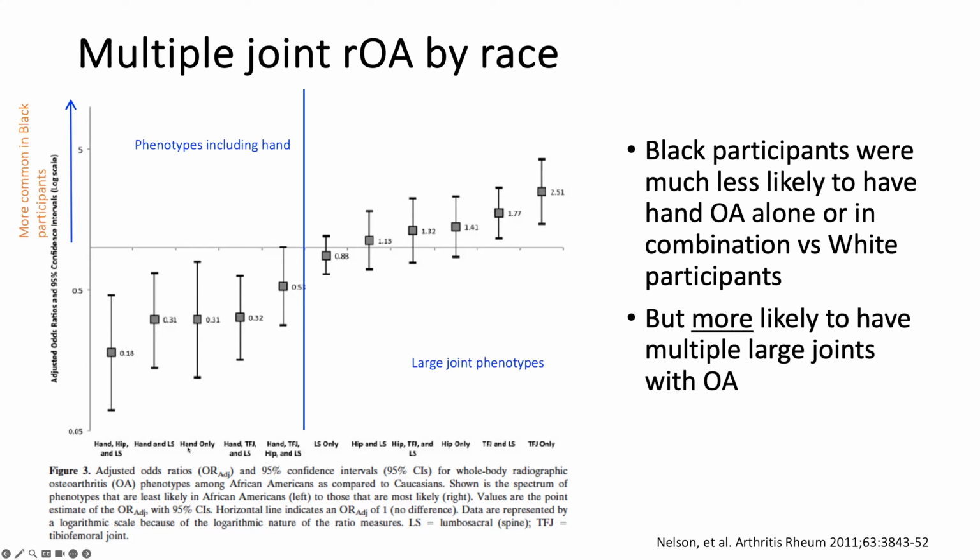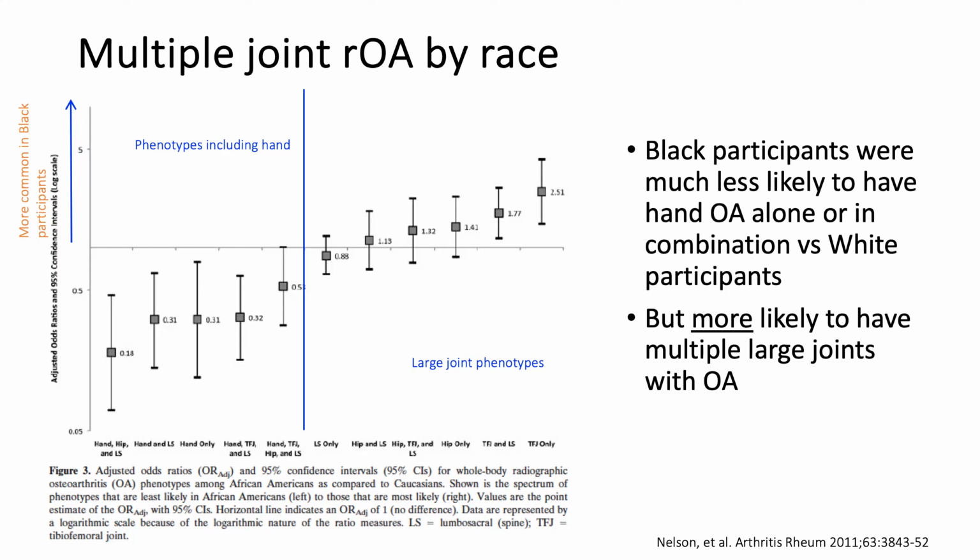Hand, hip, and spine, hand and spine, hand only, hand, knee, and spine, hand, knee, and hip are all much less common among Black participants than white. Versus over here are large joint phenotypes, hip and spine, hip and knee, hip only, knee and spine, which are more common among Black participants.